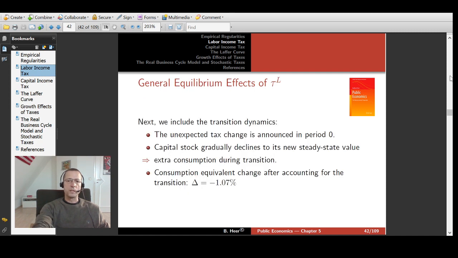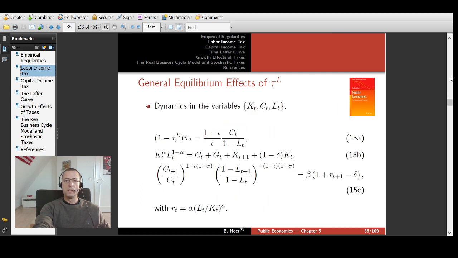We do this by using equations 15a and 15b. So we have all the other variables, K40 and K t plus 1, which is K41, the new steady state value, and we compute C t and L t from these two equations. We also have to substitute here G t by the fiscal budget constraint tau L W L t. So we solve 15a and 15b in period 40 to get C t and L t.